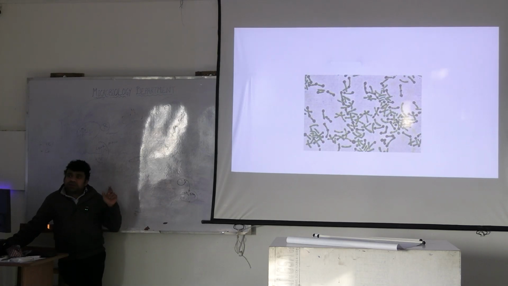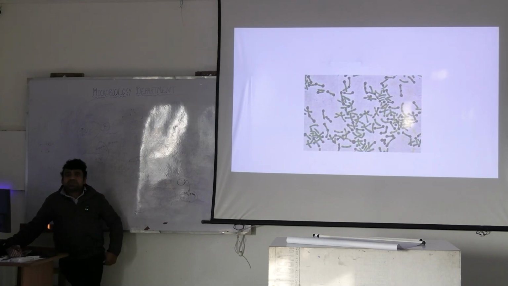But if granules are present, they will appear in various color grades from green to blue to dark blue, almost brownish blue. These are the various colors that can be seen on these granules.